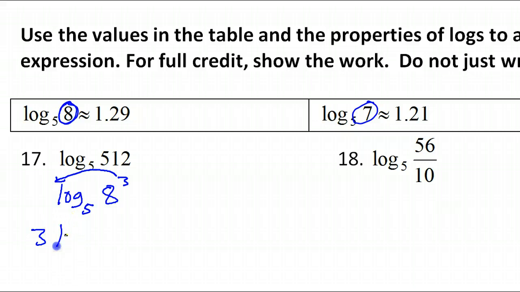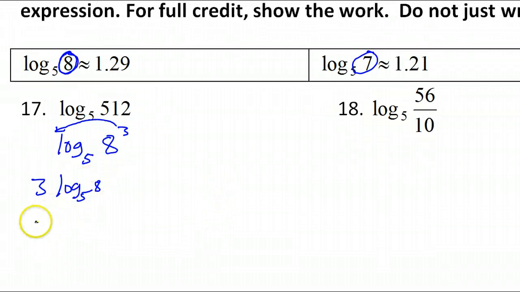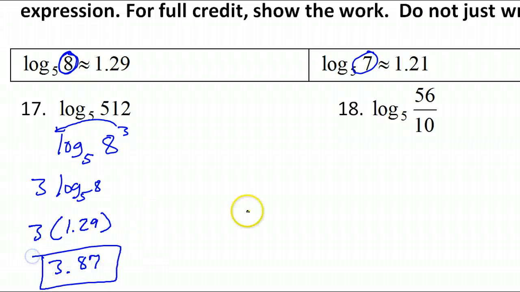So we have 3 log base 5 of 8. Now log base 5 of 8, that's one of the things we were given. So this becomes 3 times 1.29. Just put that in your bootleg calculator, because that's the only one you'll be allowed to use. 3 times 1.29, that is 3.87. So that's the answer to number 17.